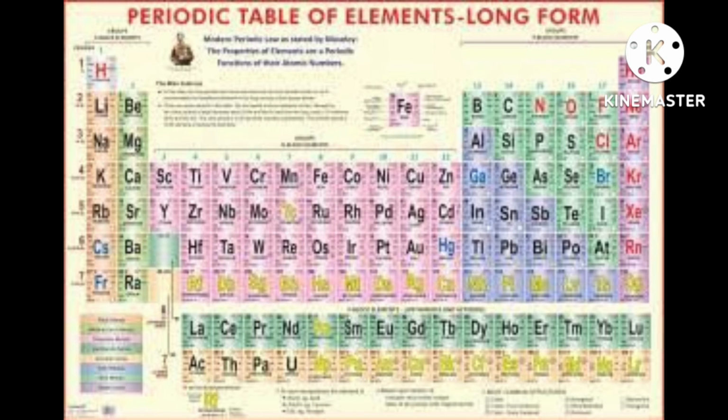And there was also B: 1B, 2B, 3B, 4B, 5B, 6B, 7B, and the last was 8. What we were calling the zero group at that time.